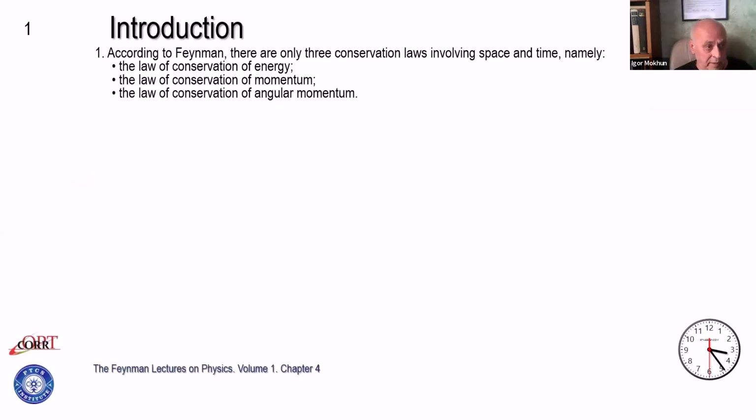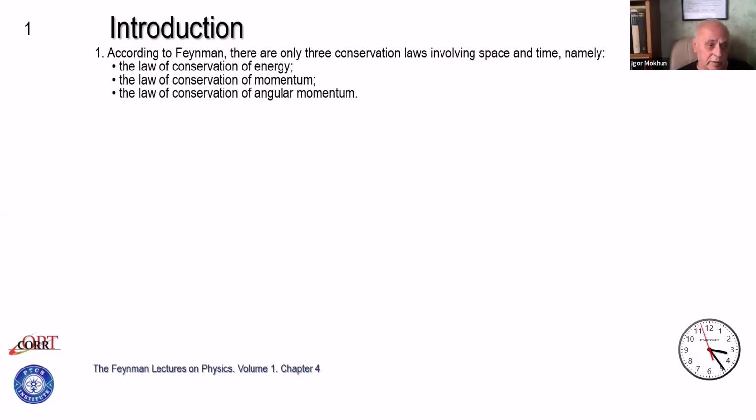According to Feynman, there are only three conservation laws involving space and time, namely the laws of conservation of energy, of momentum, and of angular momentum.